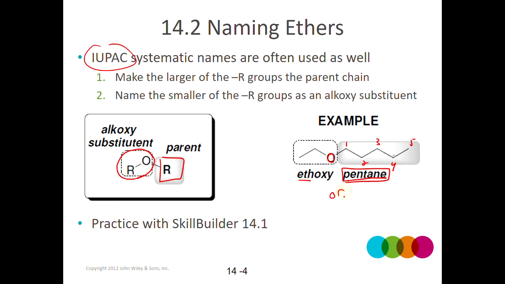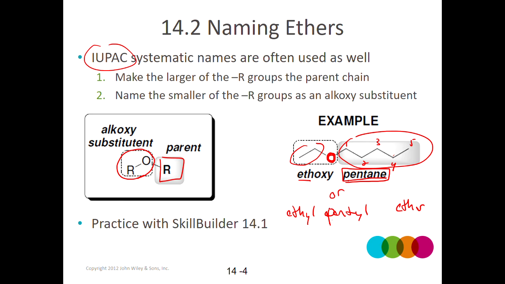This could also be called by the common naming system, which would just mean that the oxygen in that naming system is the parent, and we have to name both the ethyl and the pentyl as substituents. So it'll be ethyl pentyl ether. So ethoxypentane and ethyl pentyl ether are the same thing.